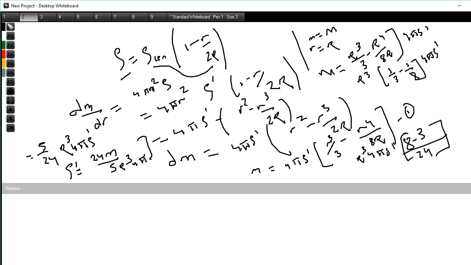Okay, the 4 is left over, so 8 minus 3 is 5, 5 times 4 is 20, divided by 24. So it will be equivalent to 6M by 5 pi r cube. So there is the density.